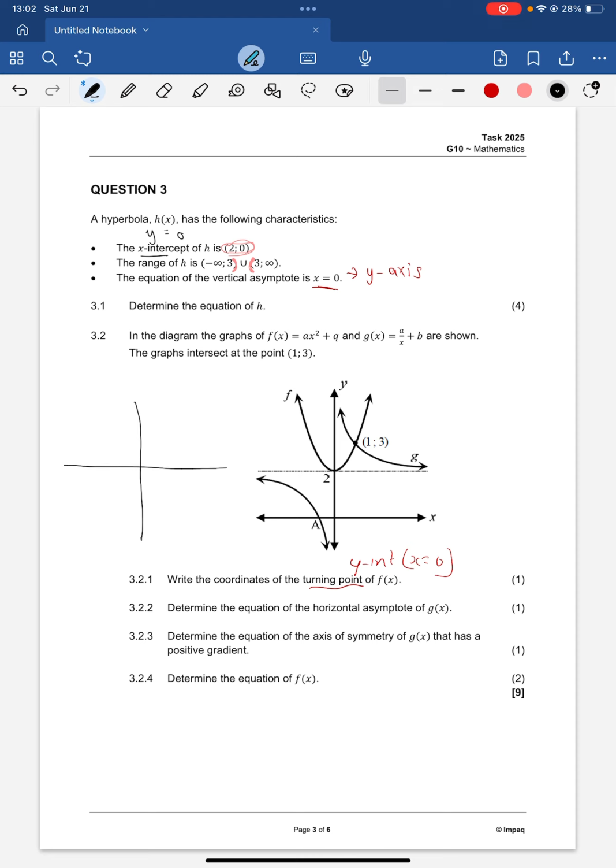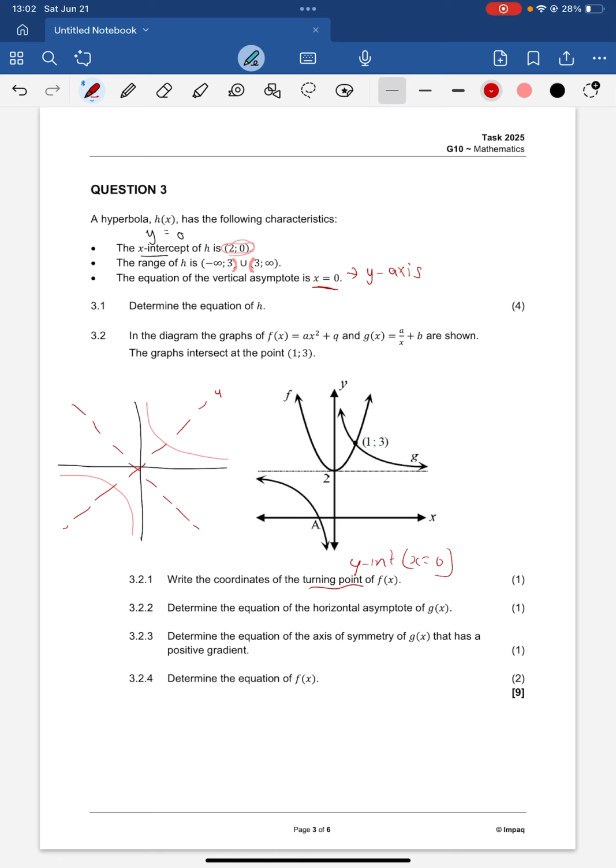And we said that it had two axes of symmetry. I removed my screen protector, so now the pen is slipping around on the screen. The one was y is equal to x, and the other one was y is equal to negative x. Those were the equations of the axes of symmetry.